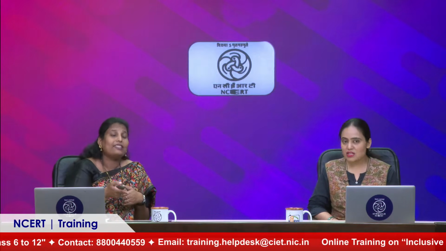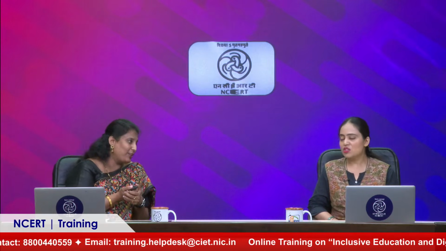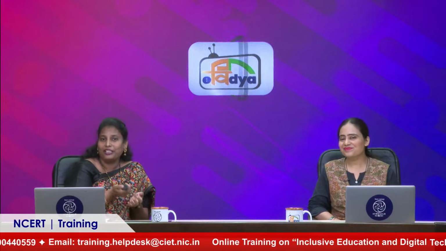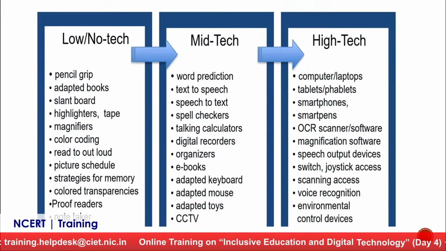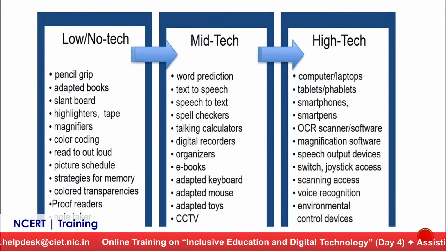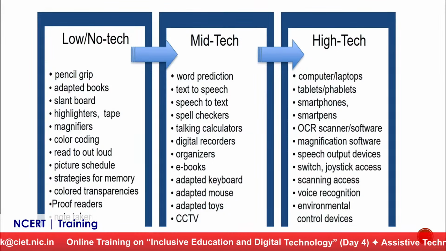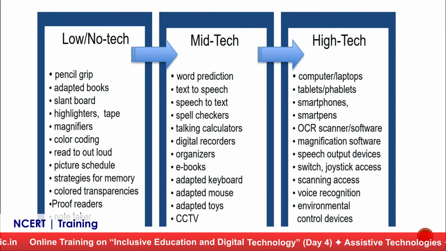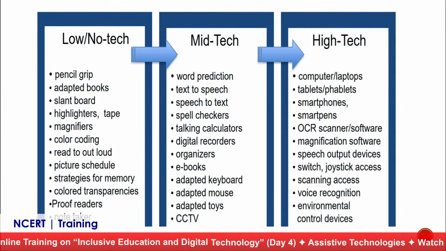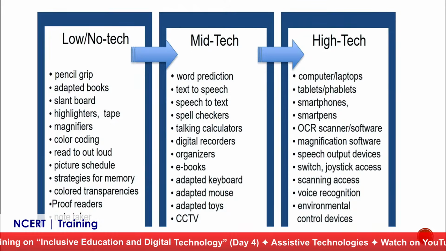It is your teaching methods, your explanation, and the teaching learning materials which you are using in the classroom for these children. So if we can make slight modifications, that would really help the children in the class, and every child can learn with the same material with very minor modifications done.